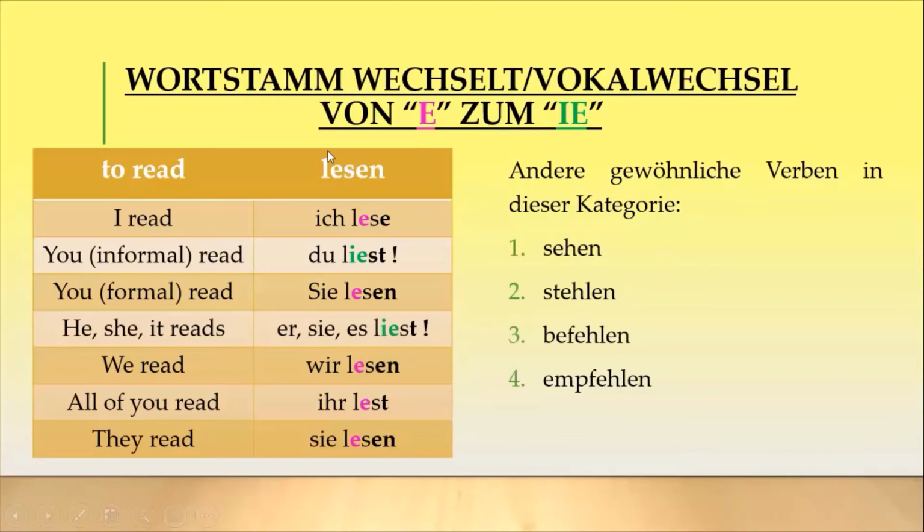And we have the verb to read, which is lesen. I read, ich lese. You read, du liest. So the E will now change to IE in the second person singular form.